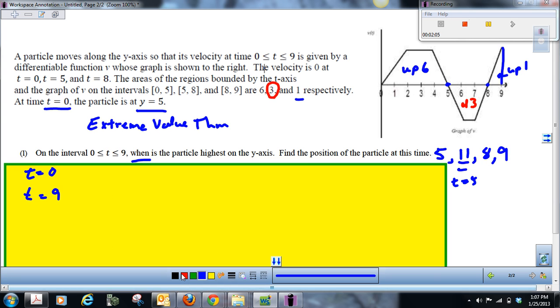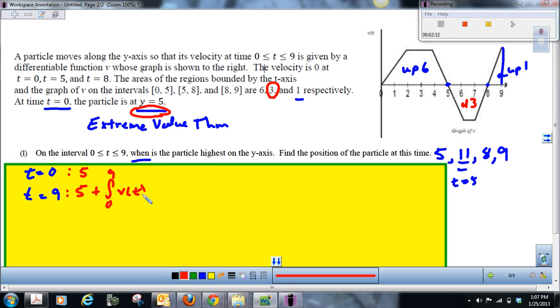The position at time 0 is 5 because that is given. The position at 9, and it doesn't matter the order you do this, is going to be your starting position plus the integral of your velocity from 0 to 9.